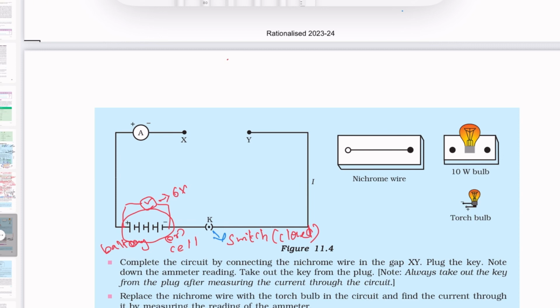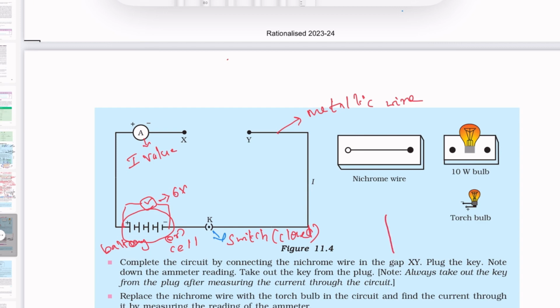Then A is the ammeter, which is going to give me the I value. So this is the circuit or the metallic wire. In this activity 11.2, what is this activity mainly for?